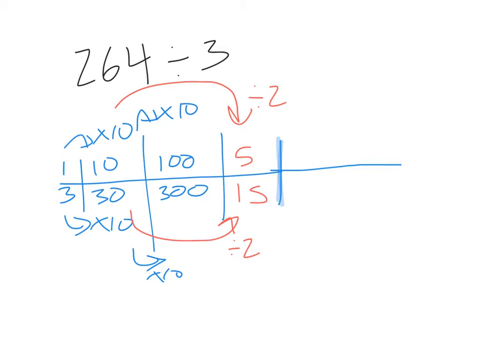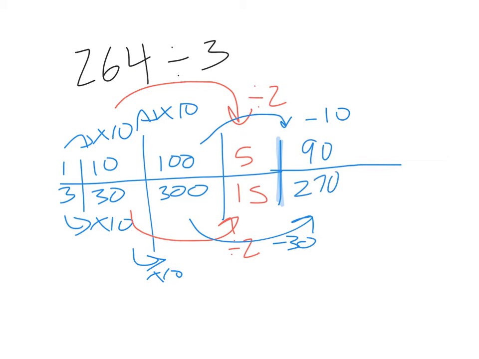So I'm going to go back to 100 groups of 3 would be 300, and I am going to subtract 10 from that. I'm going to subtract 10 groups, and 100 minus 10 would be 90, and I'm going to look here and say, okay, if I subtract 10 groups, that means I need to subtract 30, and I know that 300 minus 30 is 270.